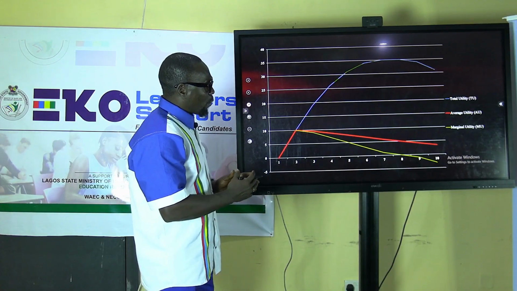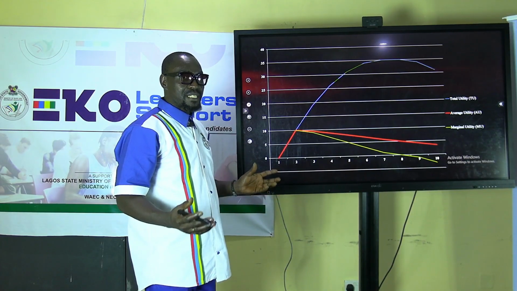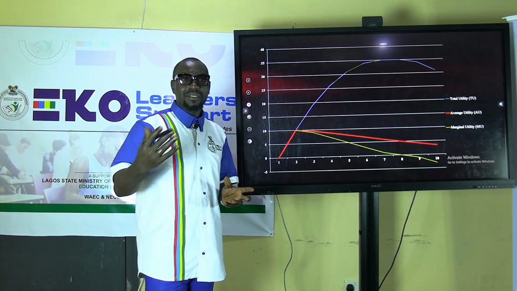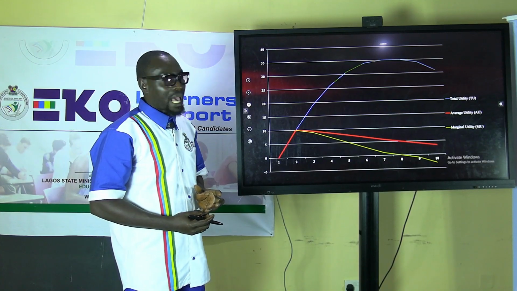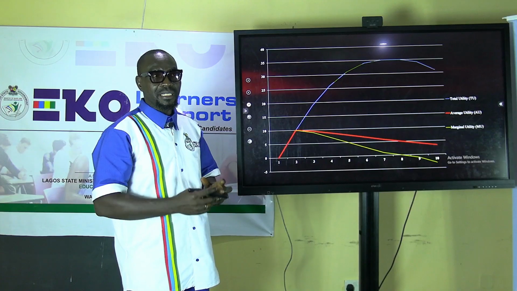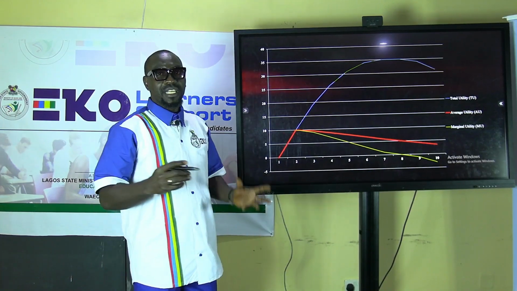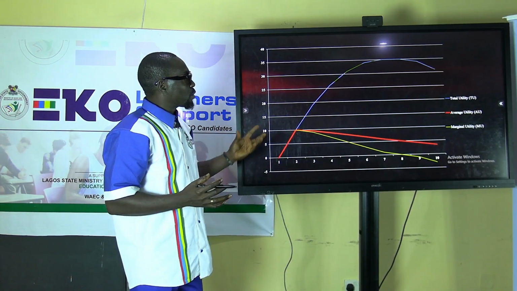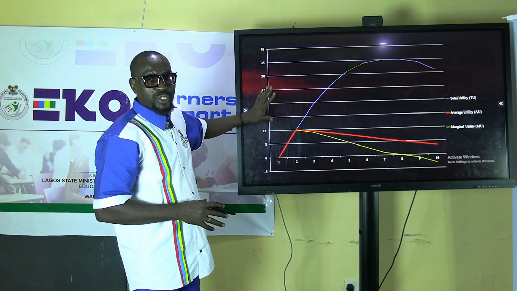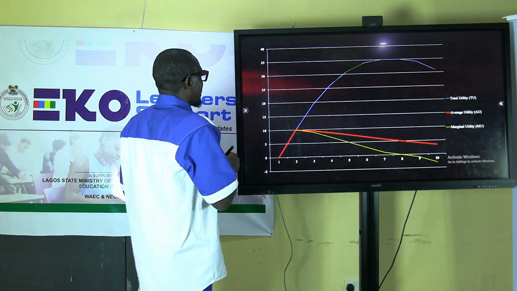And that when it is positive or greater than zero, our total utility is correspondingly rising. At the point when it is zero is where our total utility is at the highest. So the relationships between total utility, average utility, and marginal utility can be explained using this graph.